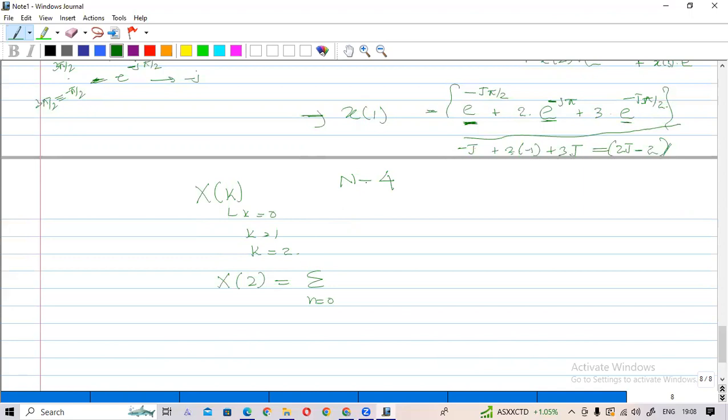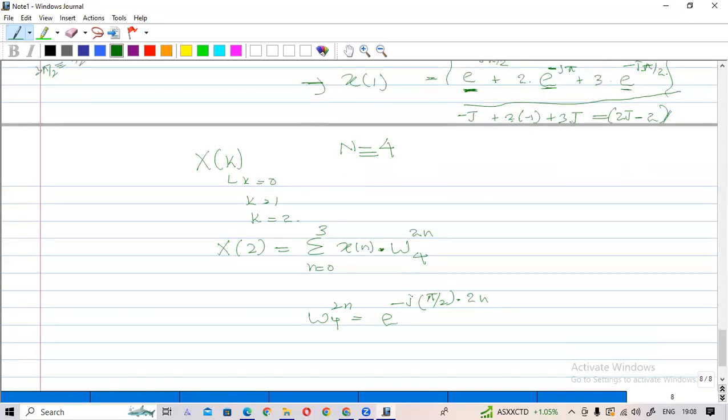Now we are given N is equal to 4, so 4 minus 1, you will have 3 here. xn, so you will have W4, that is 4. k is equal to 2, so this W4 to the power 2n is equal to e to the power minus j 2π by 4 times 2n, that is π by 2, times 2n. So this is equal to W4 to the power 2n.